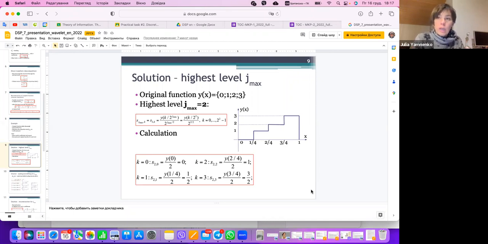Without this, you will not be able to apply this method and solve a task. But this method, once more I repeat, could be very interesting even for your own research. Maybe you will have some interesting task about signal processing. That's why I would like to give you this knowledge.